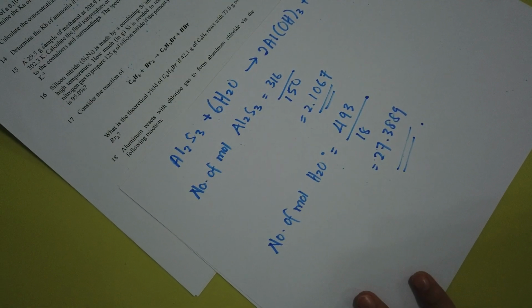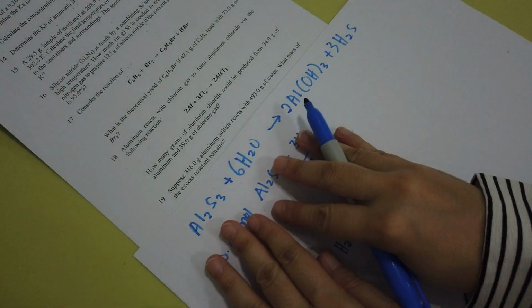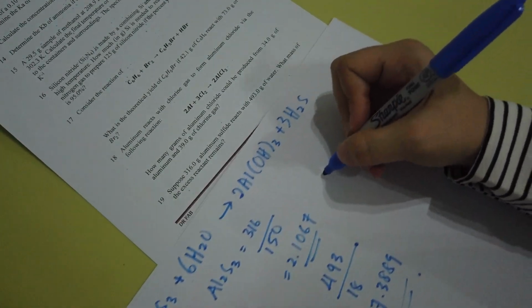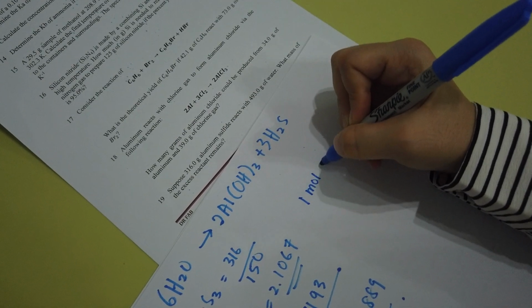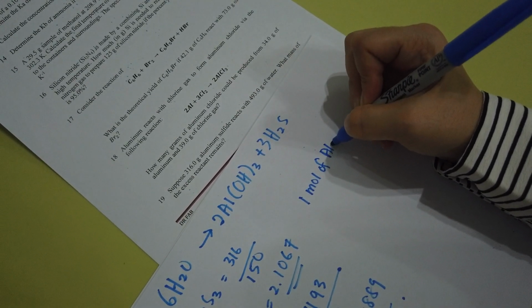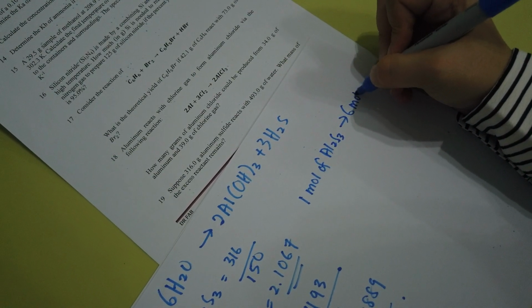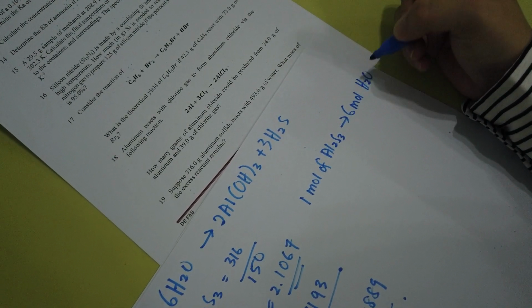Okay, so now you need to look at the balance equation again. So 1 mole of Al2S3 will need 6 mole of water.